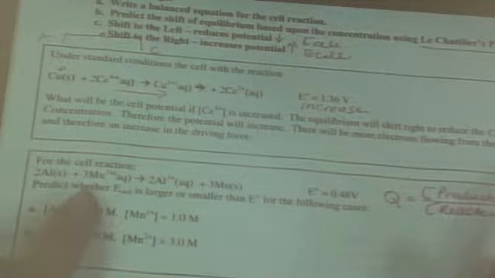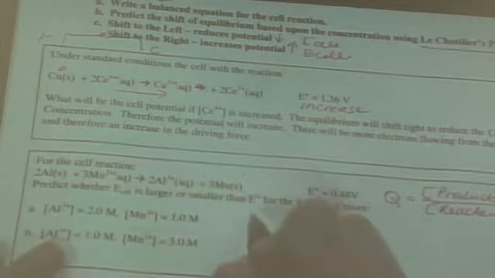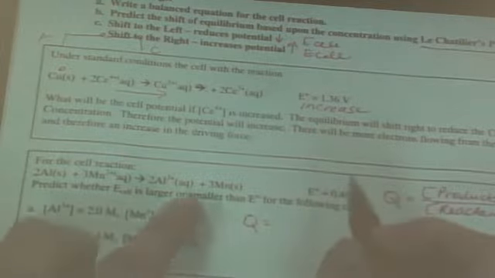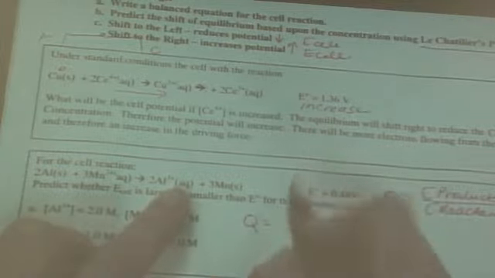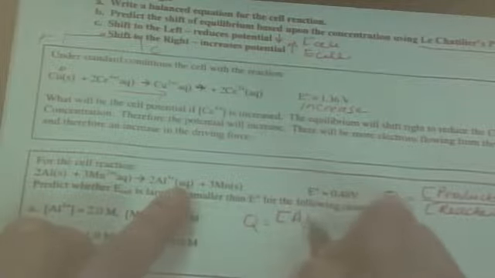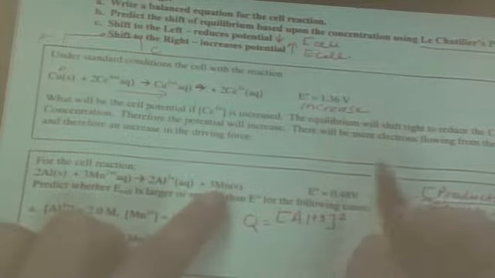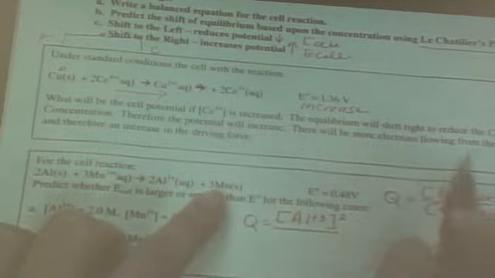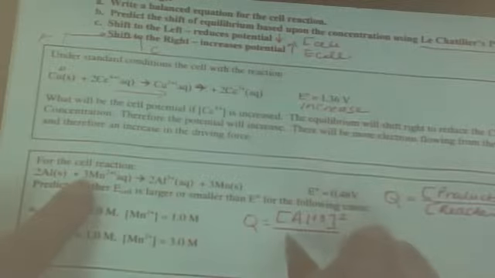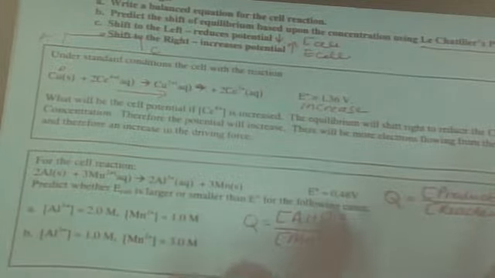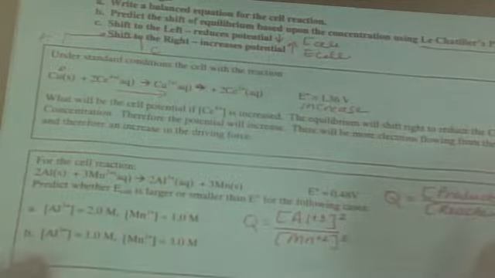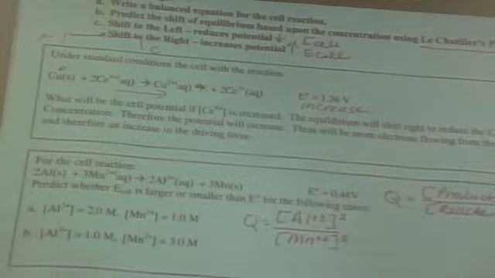Our Q general equation for this would be the aluminum ion raised to its second power, the solid manganese would not be a player, divided by the manganese ion raised to the third power.